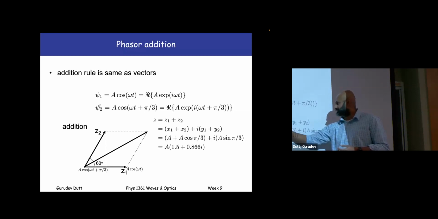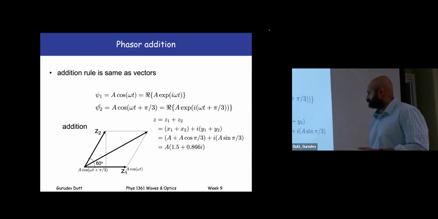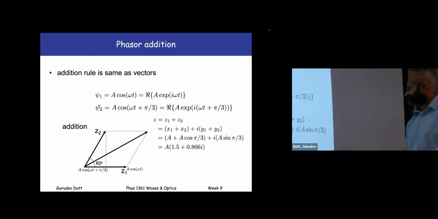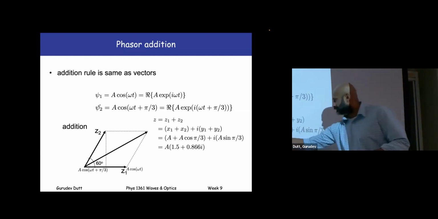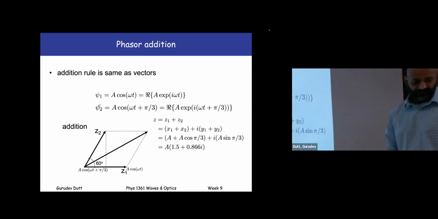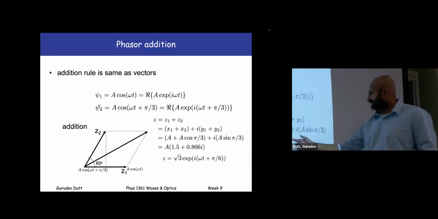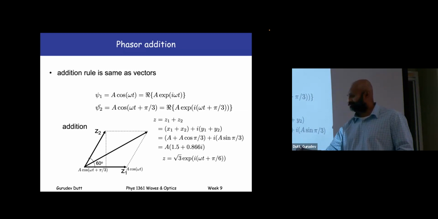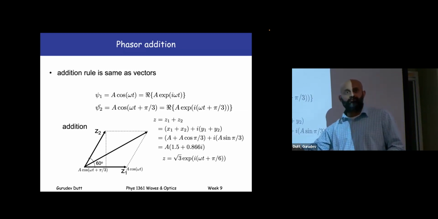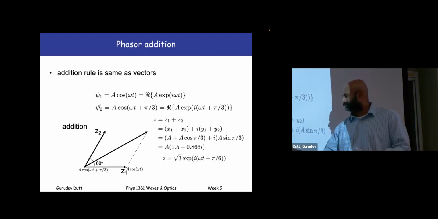To add z1 plus z2, I just take x1 plus x2 and y1 plus y2, or I can do it in polar form, as I'll show you in a minute. That gives me these terms, and you can easily verify this number over here. If I then write it back as a complex number, I identify that 1.5 is some new r prime cosine theta, and 0.866 is r prime sine theta.